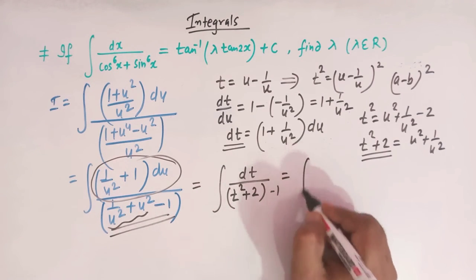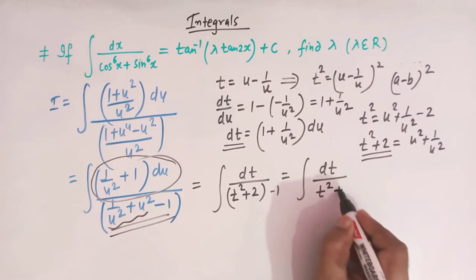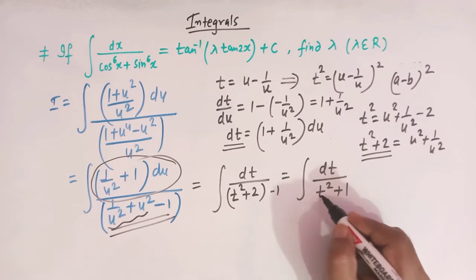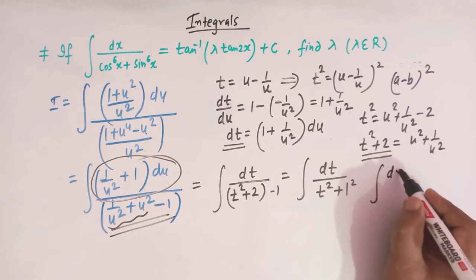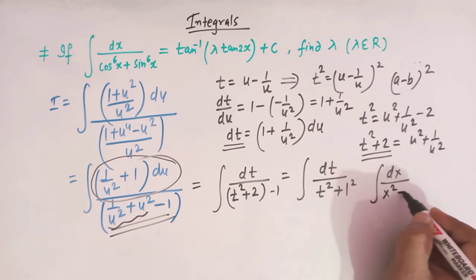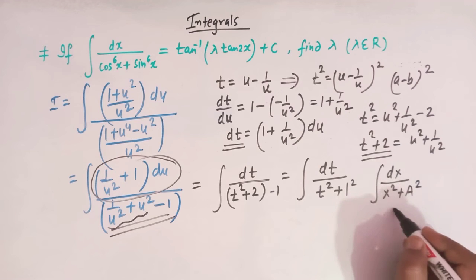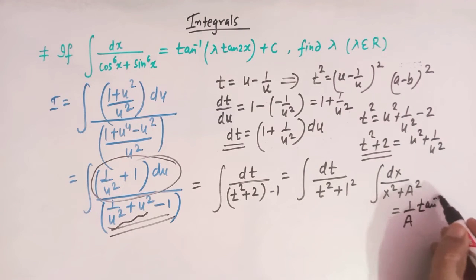So we have integral dt over t square plus 1, right? So t square plus 1 can be written as t square plus 1 square, and we know that if we have the integral dx over x square plus a square, then the integral is equal to 1 over a tan inverse x over a, right?